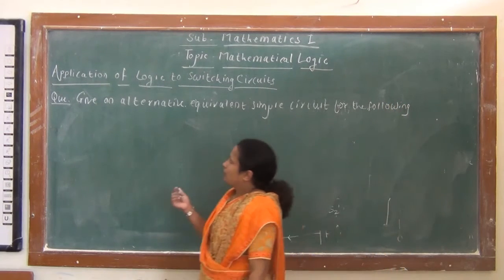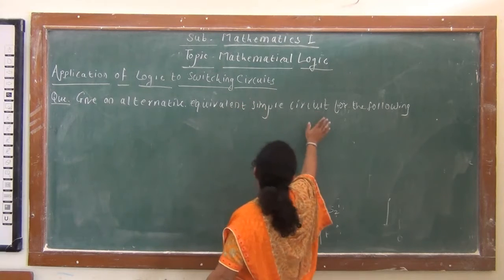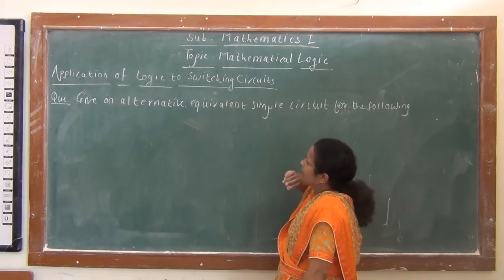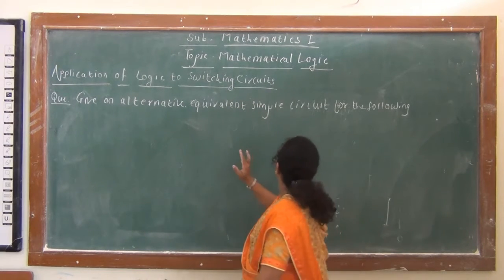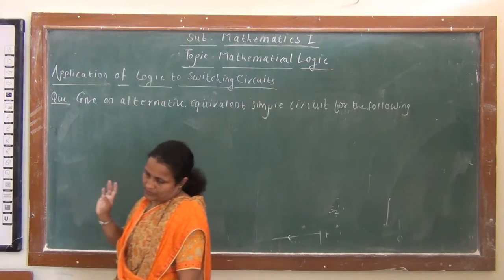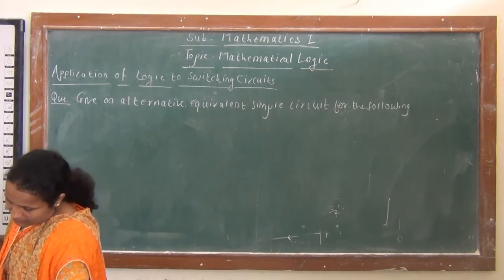That is, we have to find an equivalent simple circuit for the given circuit. So first we draw our circuit.